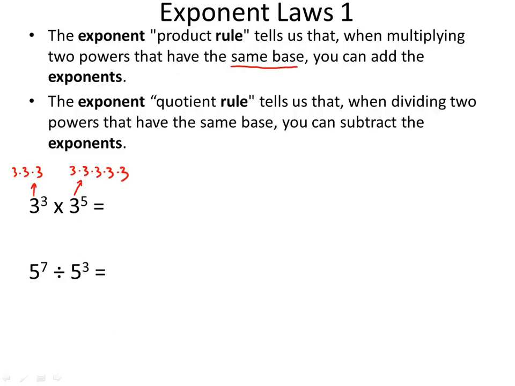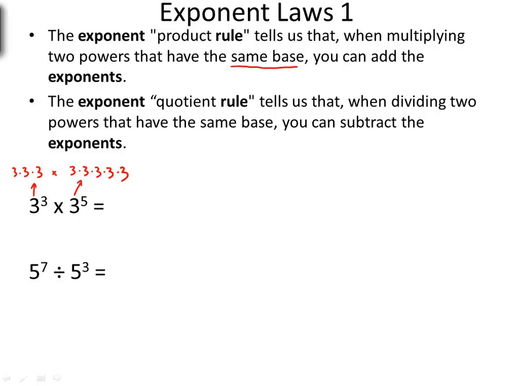Now, if these are multiplied together, we can write a little times between them. If I read this from front to back, it'd be 3 times 3 times 3 times 3 times 3 times 3 times 3 times 3.